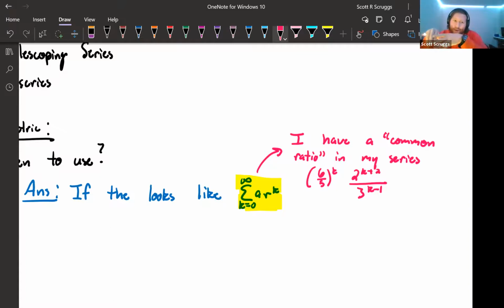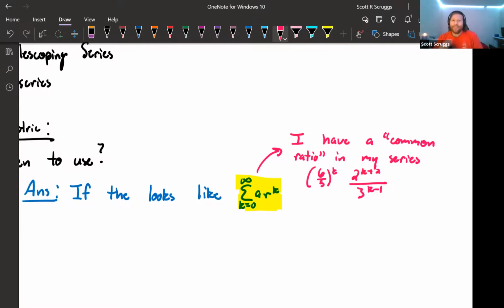What I am looking for to know when I can use the geometric series test is if the terms within my series have a common ratio, or I have a number as the base, and in the exponent, I have something that is dependent on the index of the series, both in the numerator and in the denominator.